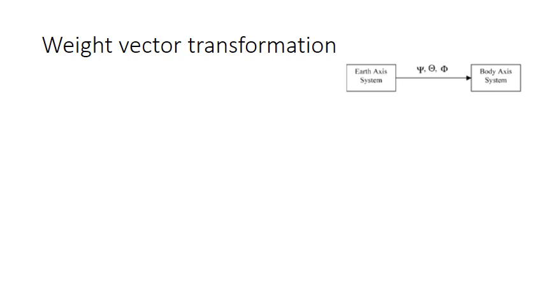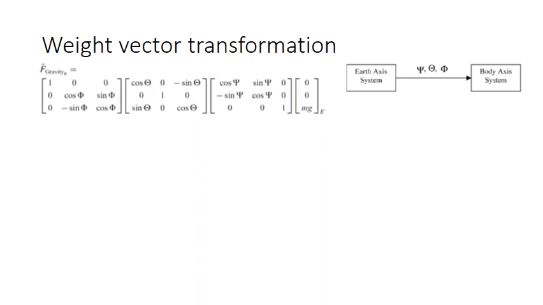The previous transformation is very useful in transforming the weight vector of an aircraft expressed in the Earth axis into the body axis system. So, the gravity vector referred to the body axis system can be obtained by transforming the gravity vector referred to the Earth axis system as follows.